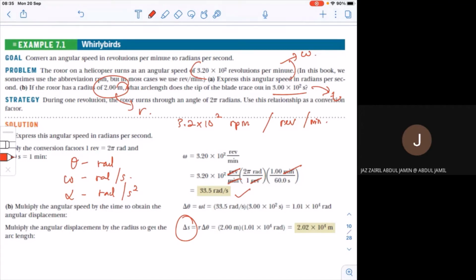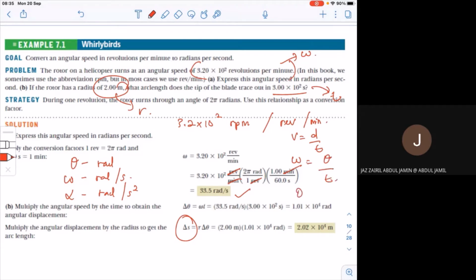So first you need to find what is the theta. Theta is related to the angular speed. Similar to v equals d over t, omega is equivalent to theta over t.